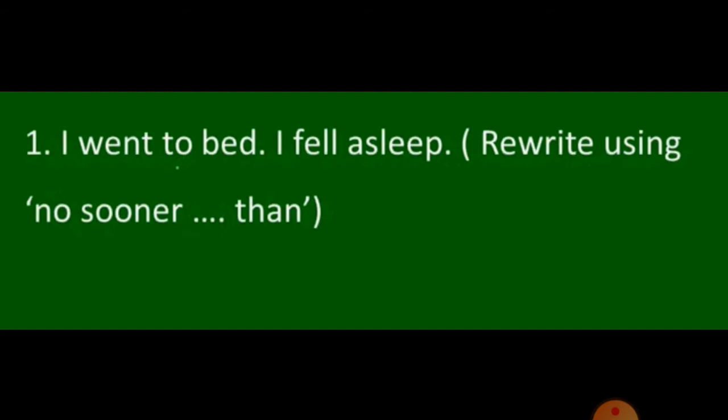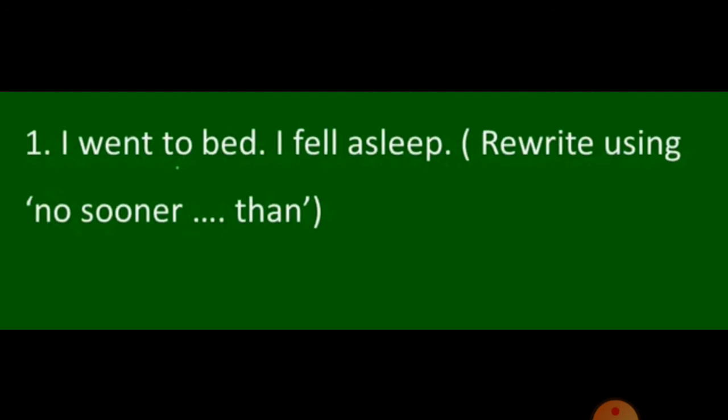I went to bed, I fell asleep. Now you can see that in the sentence there are two events that are occurring. First one is I went to bed, then there is a full stop, which means one event has been done. What was the second event? I fell asleep.